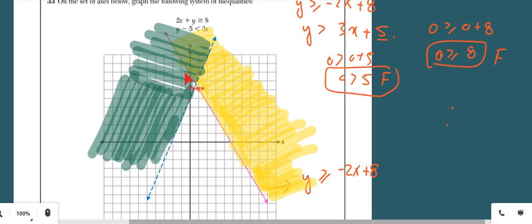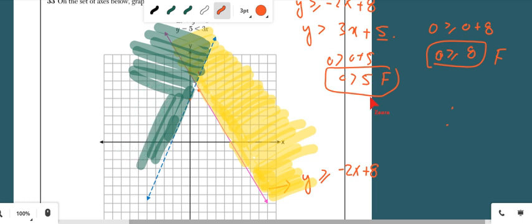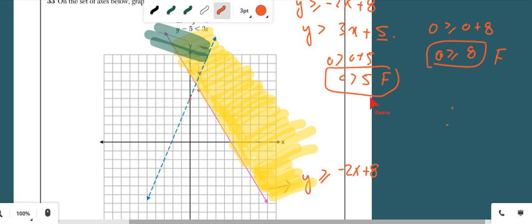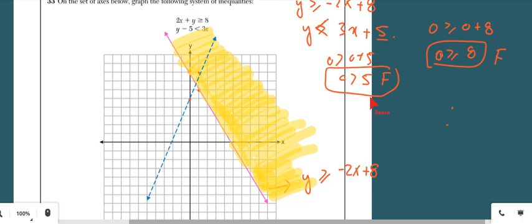3 and 5 at test point 0 is greater than 5, which is wrong. Oh, can you see the inequality sign? It was a different inequality. It was lesser than, it wasn't greater. So 0 is less than 5 and it is true, right?